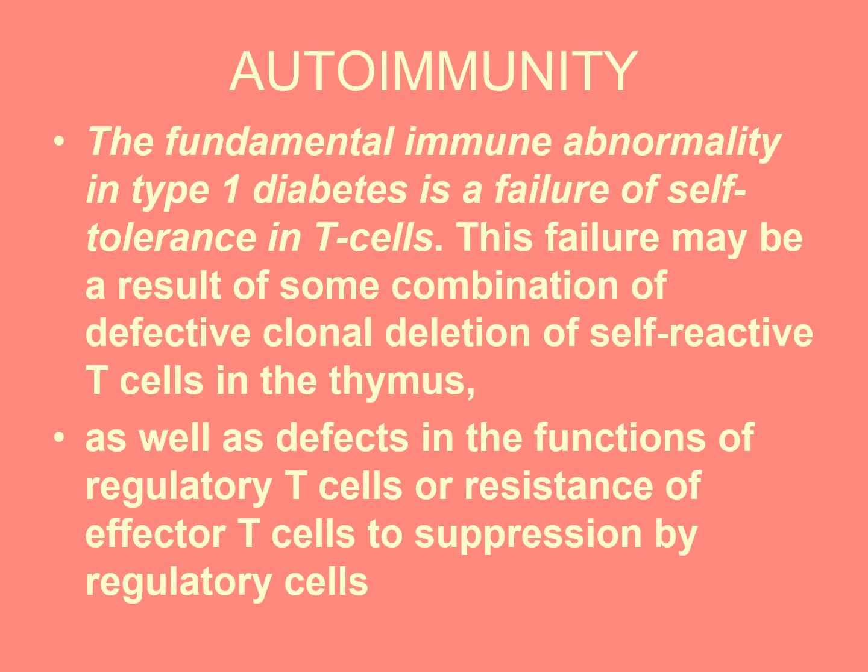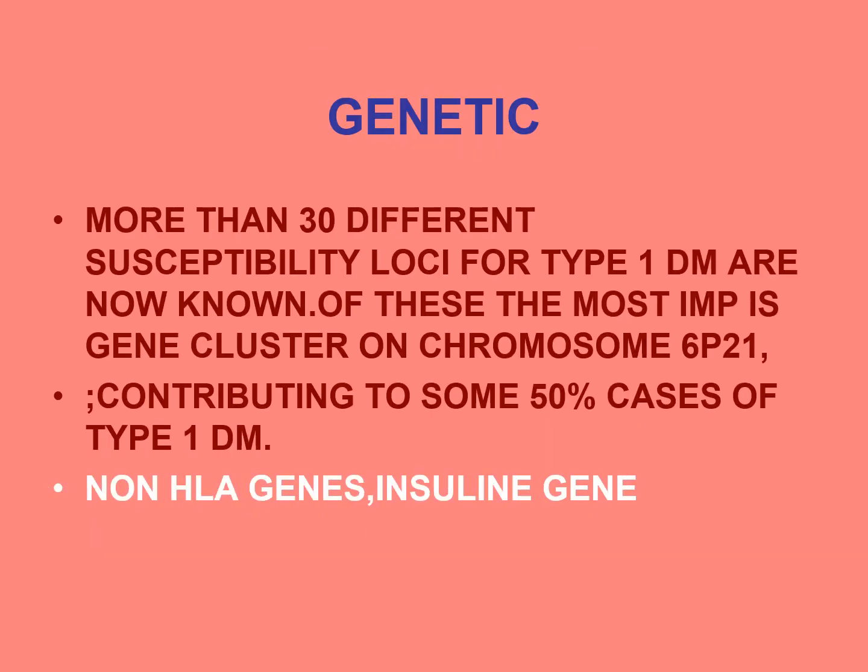So if there is a defective clonal deletion, this is one of the proposed mechanisms. These self-reactive T cells may destroy the beta cells in the islets of Langerhans, as well as defects in the function of regulatory T cells or resistance of the effector T cells to the suppression by regulatory cells. So these different mechanisms may lead to the development of diabetes.